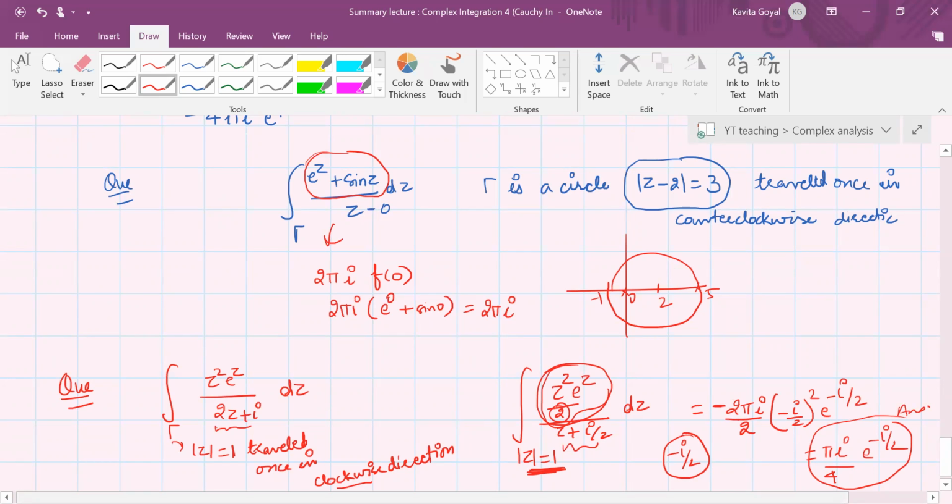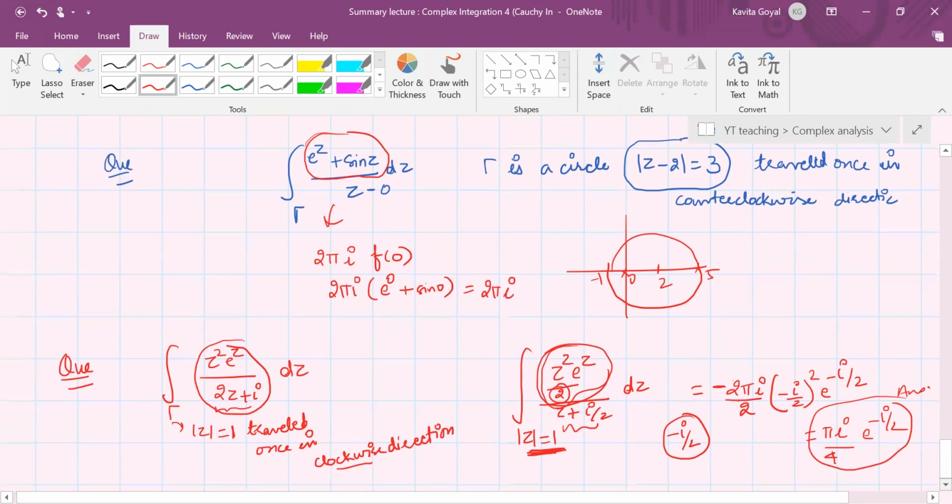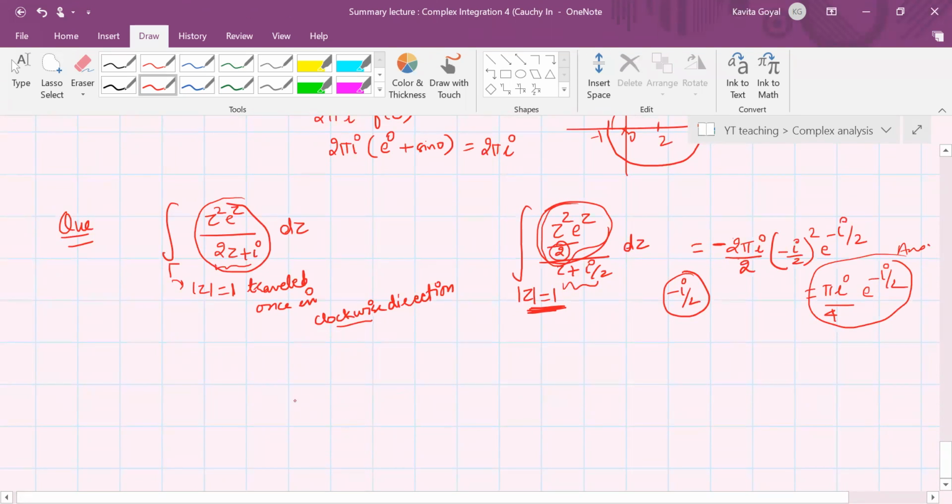So sometimes you have to play with this integrand to make it in the form where Cauchy integral formula can be used. For example, if you have something like cos z upon z square minus 4 dz along a curve tau, where the curve is something like this, and 2 is here.